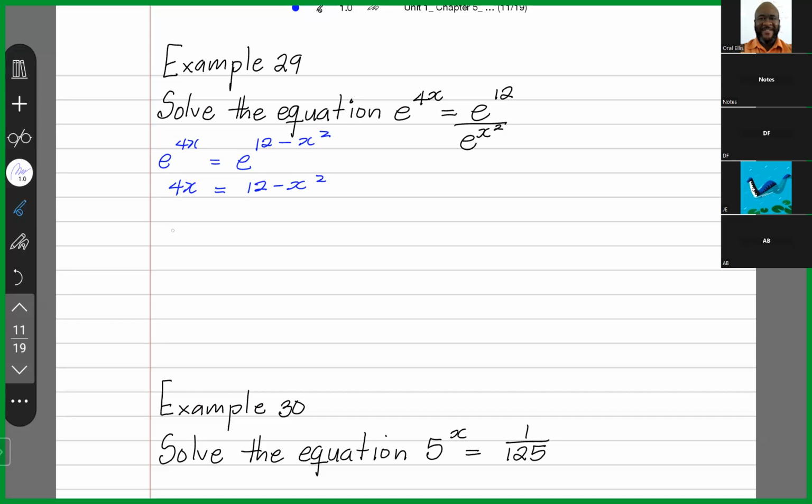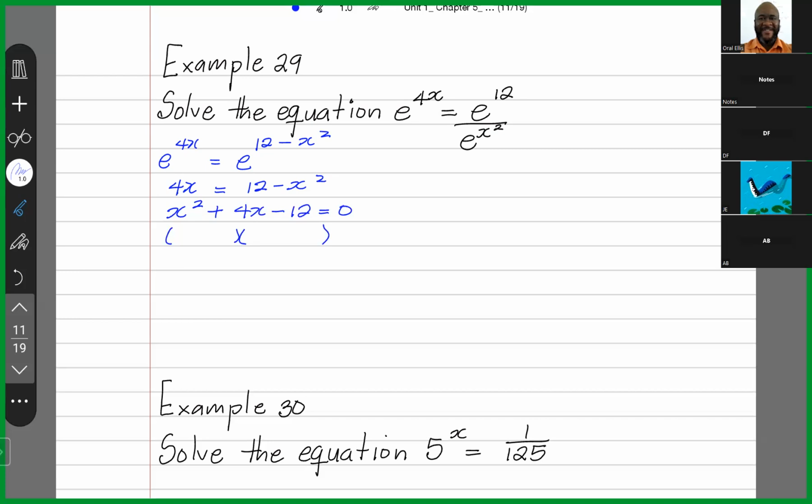And the first step in solving a quadratic equation is that one side of the equation must be equal to 0. So bringing over x squared, we have positive x squared plus 4x minus 12 is equal to 0. Factorizing, I need two factors of 12 to give me 4.